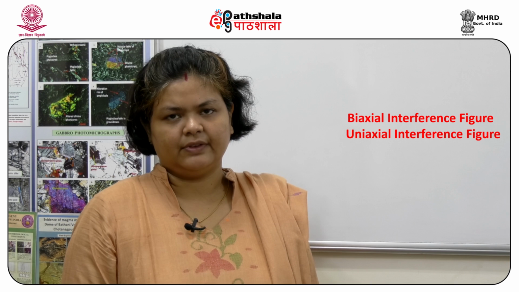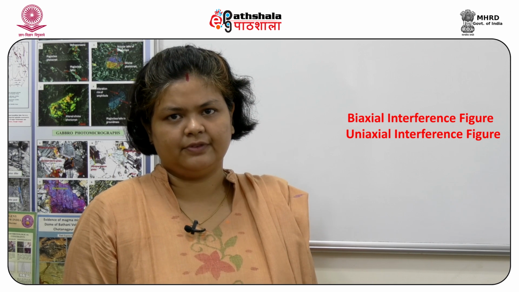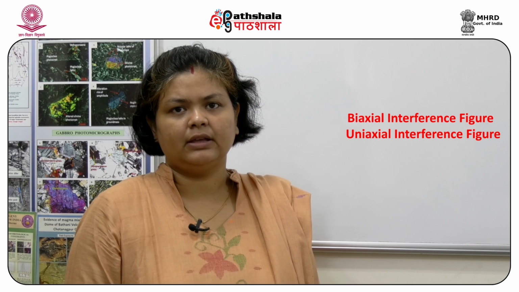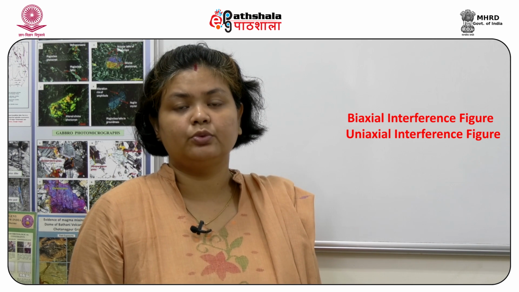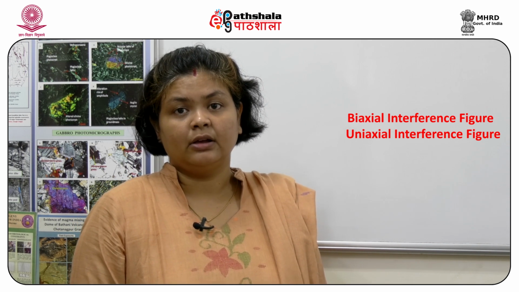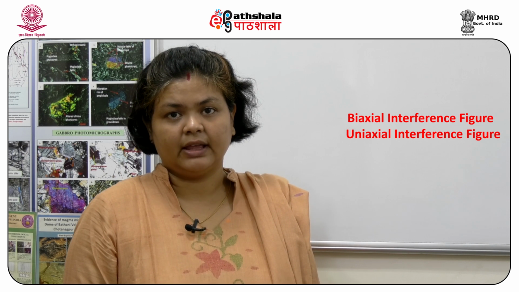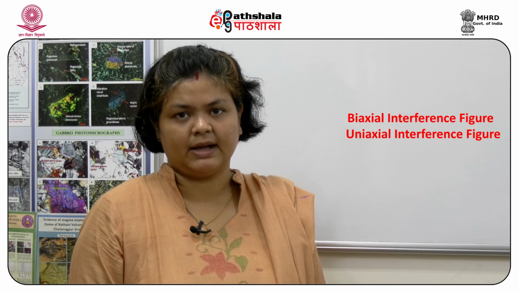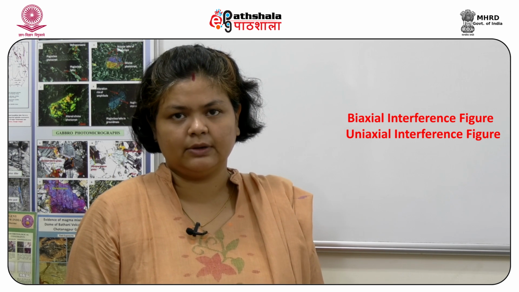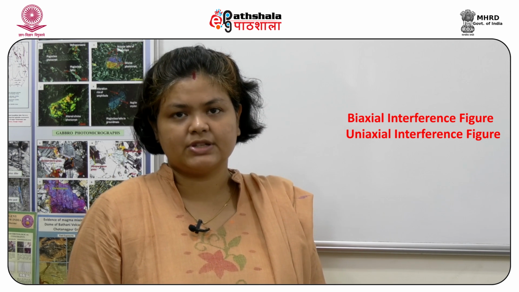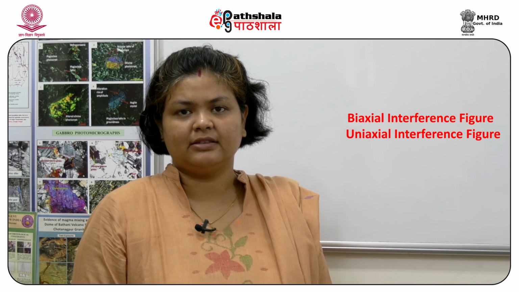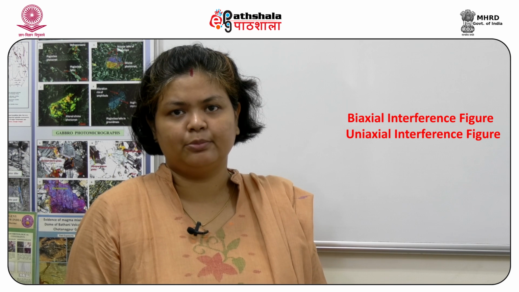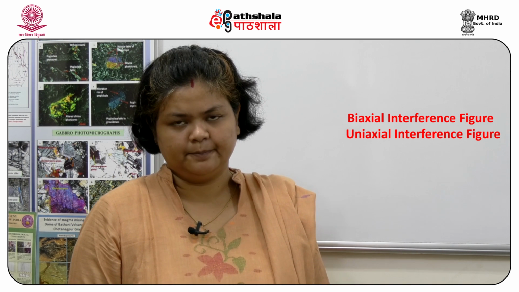Uniaxial and biaxial interference figures are basically used in optical mineralogy to determine whether an anisotropic mineral is uniaxial or biaxial, as they produce different figures, and also to check whether a mineral is uniaxial positive or negative, or biaxial positive or negative.